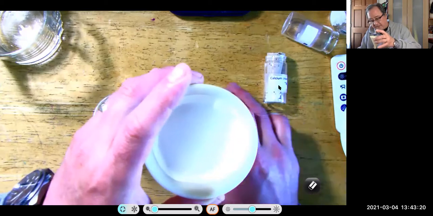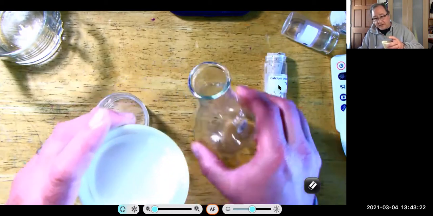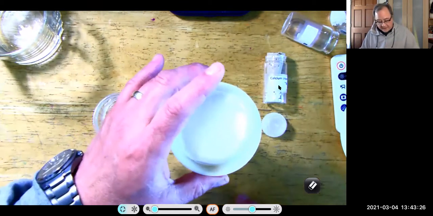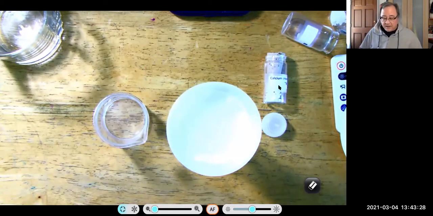We should be getting a clear and colorless solution in the bottom. What is in that clear and colorless solution? Well, there's going to be excess chloride ions from your calcium chloride. There's going to be excess calcium ions from your calcium chloride, because that is in excess.